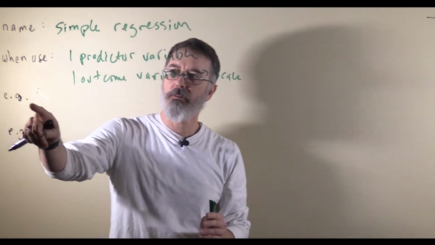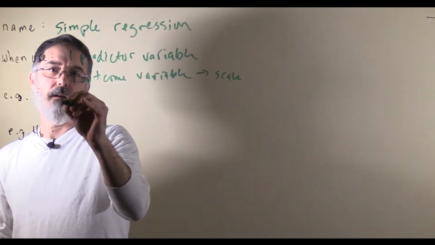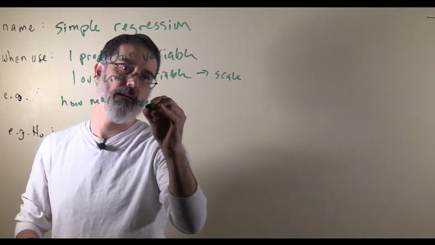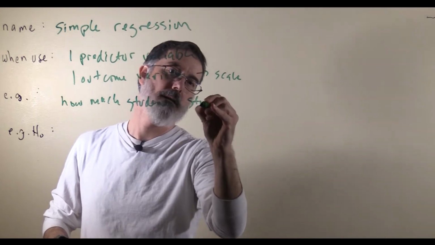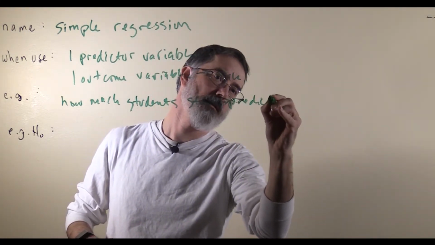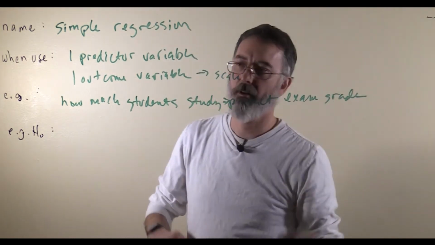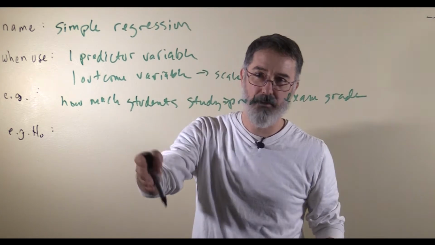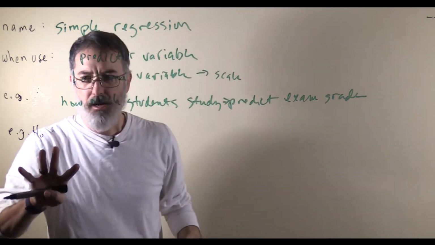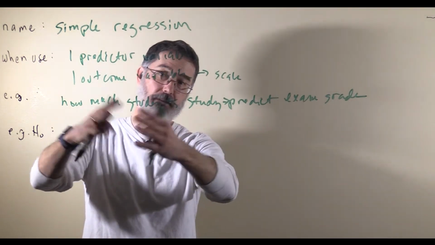So, for example, we might think that how much students study will predict exam grades, right? So, students that study more hours for an exam would get better grades. And the null hypothesis here would be that there's nothing happening, right?